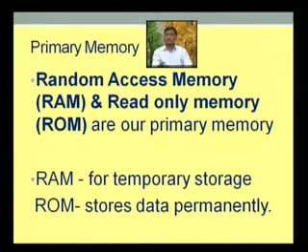So what is the difference between RAM and ROM? RAM is volatile in nature, while ROM is non-volatile memory. By listening to this, one question arises in my mind: what is volatility?